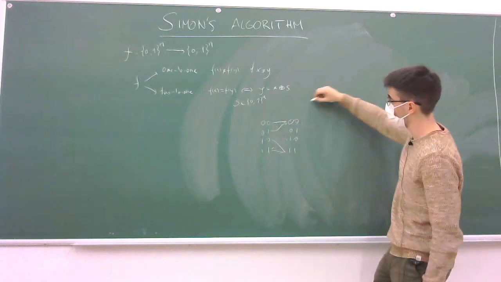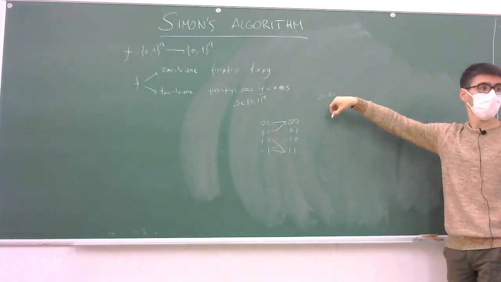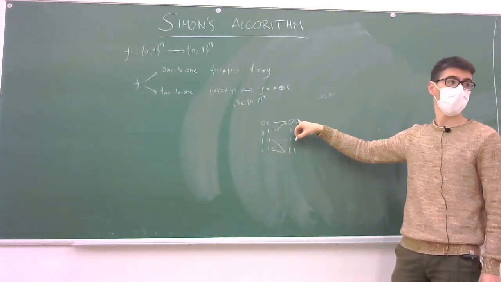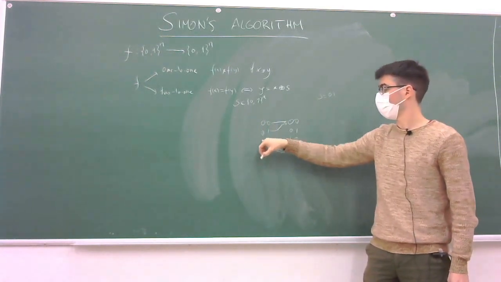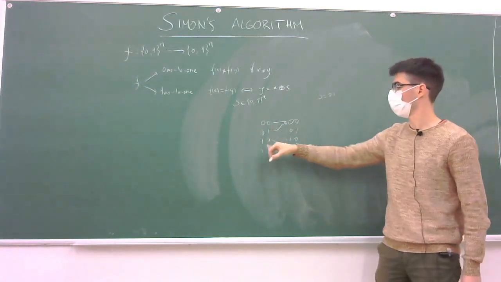And in this case, this constant S can be seen to be the 0-1 bit string. So 0 0 and 0 1 converge to the same value because they satisfy this relation. And 1 0 and 1 1 converge to the same value because they also satisfy this relation.